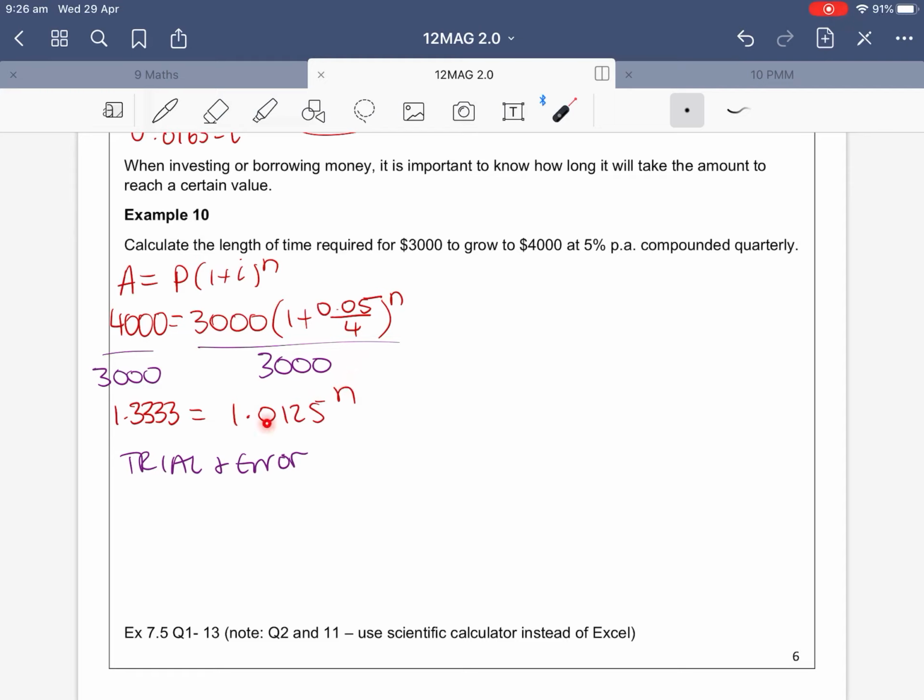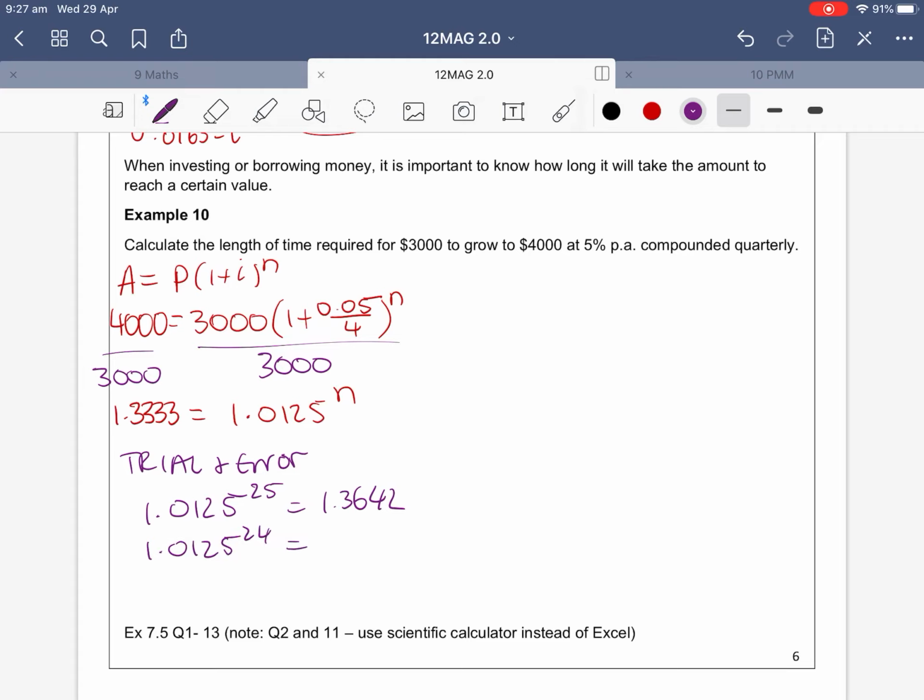Okay, so basically you're going to put in different values of n now. You're going to go 1.0125 to the power of n as many times as you need to get the answer 1.33. And if we keep doing trial and error, we end up with, for example, I did 1.0125 to the power of, I think 25, and I got the answer 1.3642, so that was too big.